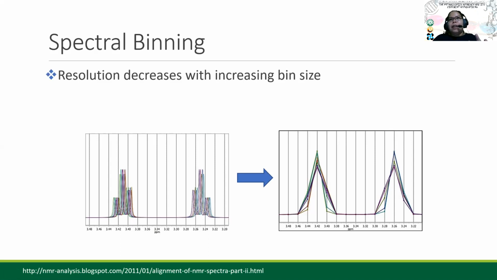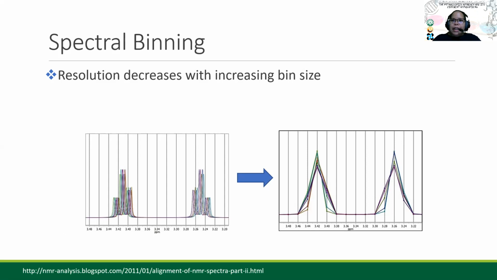The maximum used for NMR metabolomics is usually 0.04 ppm bin size. In my case, I prefer to use 0.02 ppm so that you don't lose so much on the resolution, especially if you're using a 600 megahertz NMR.